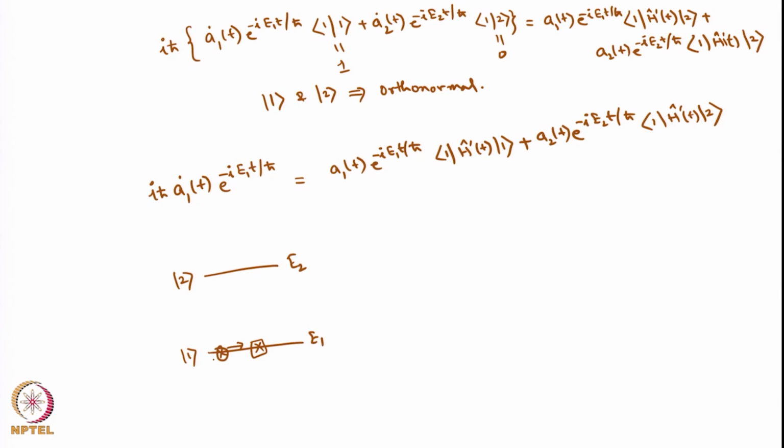Okay, it is like transition to the same state. You start from ground state and you go back to the ground state. So you do not even know whether the transition has taken place or not. Therefore, one can equate this term to be 0 because the perturbation here acts on state 1 and overlaps with state 1. That means you have started with state 1 and ended with state 1. You do not even know whether the perturbation has taken place or not. Okay. So effectively the first term will go to 0.